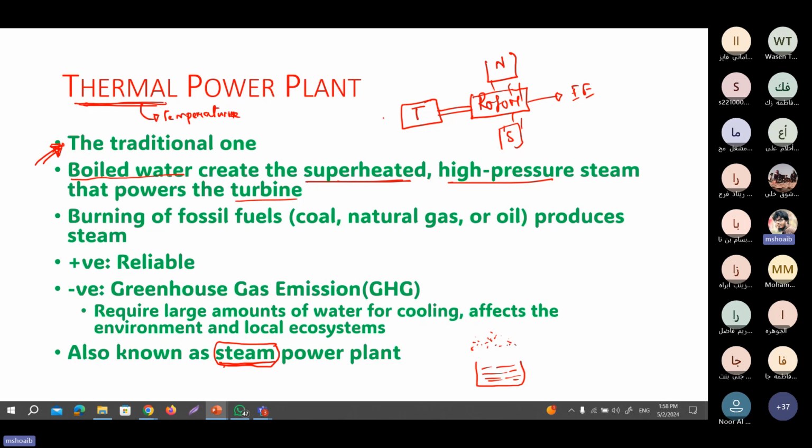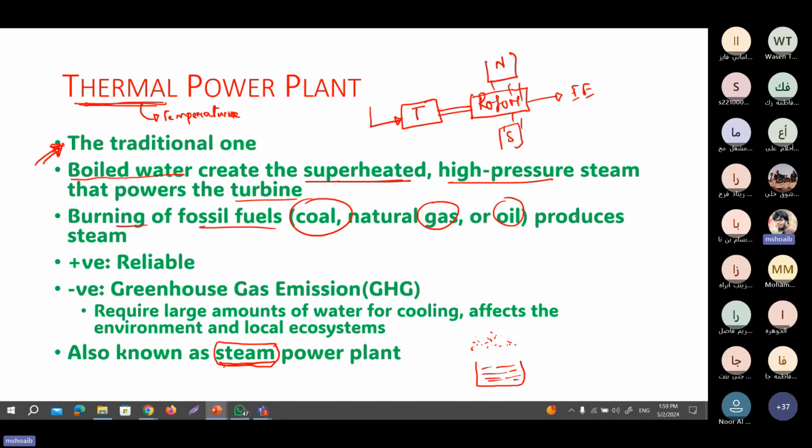So the turbine is getting energy from somewhere. Where is it getting the energy from? It is getting the energy from burning fossil fuels. So coal or gas or oil are mostly used.